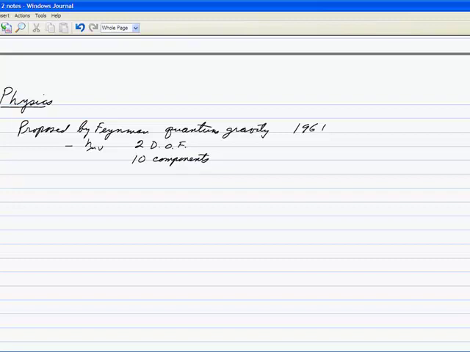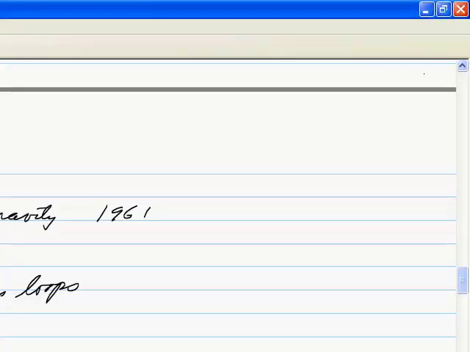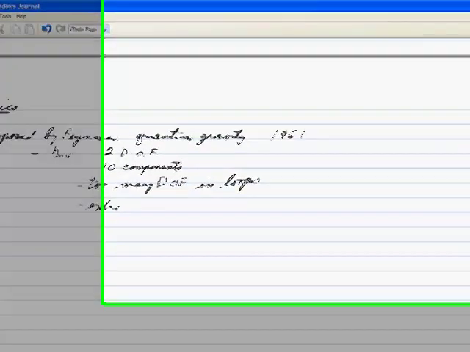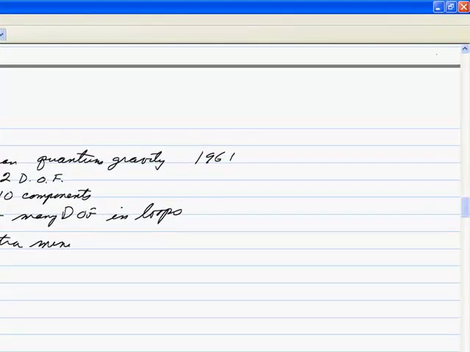So when you're dealing with external states, it's not an issue. You just prepare the physical external states. But when you're dealing with loops, there's too many degrees of freedom in the loops. You have an extra minus sign that has these fields canceling off the unphysical stuff.